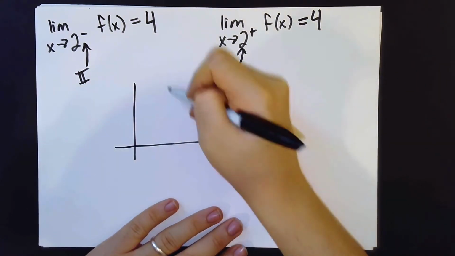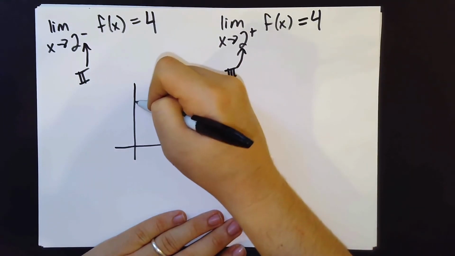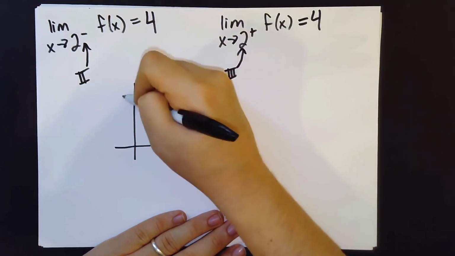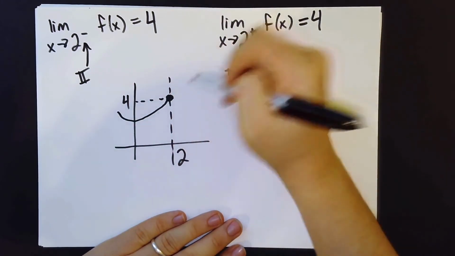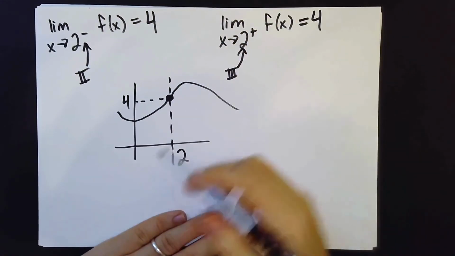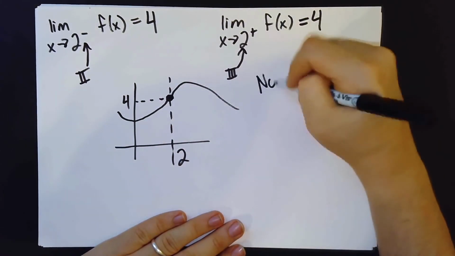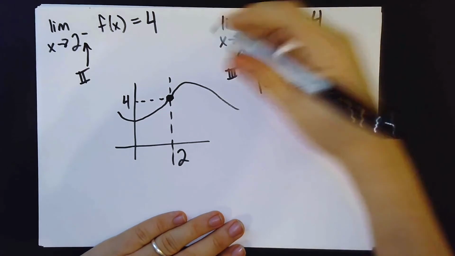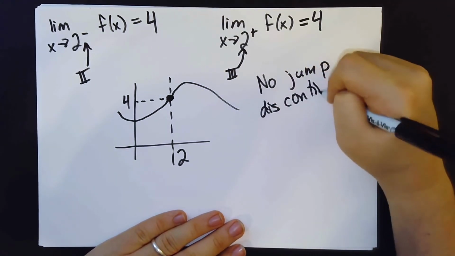So if I go to 2, and I go ahead and fill in, let's say this is 4, it tells me that whatever happens over here and whatever happens over here, they match up at this point. So there is no jump discontinuity at 2. In fact, it's continuous at 2.